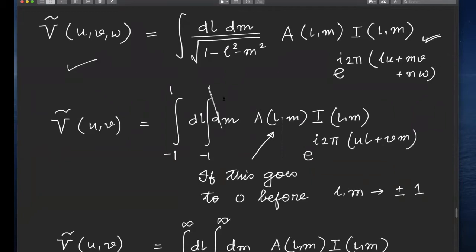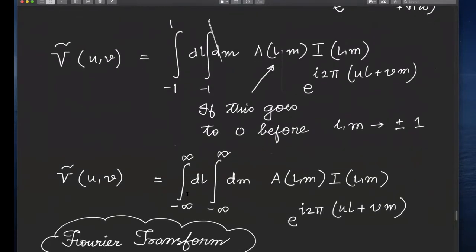You can consider it as a Fourier transform relation if your antenna beam pattern is such that it goes to 0 well before l and m go to plus or minus 1. In that case, you can replace minus 1 and plus 1 by minus infinity and plus infinity, and then you get the visibility, which is now a Fourier transform of the antenna pattern times the intensity in the sky.